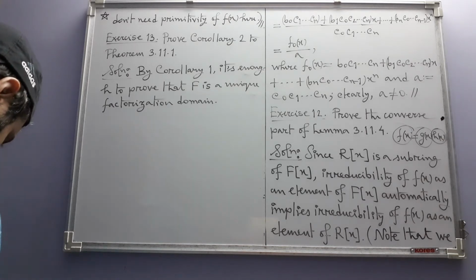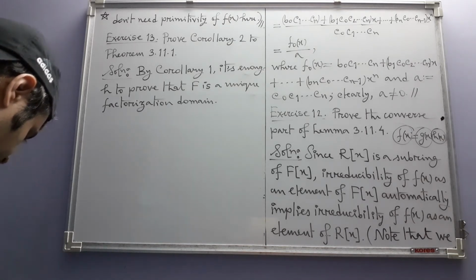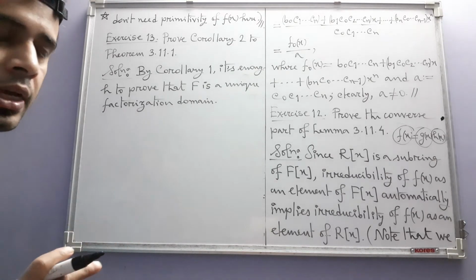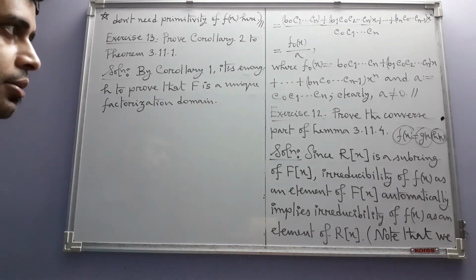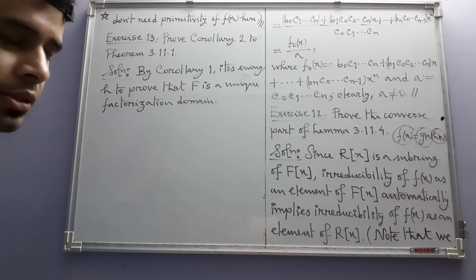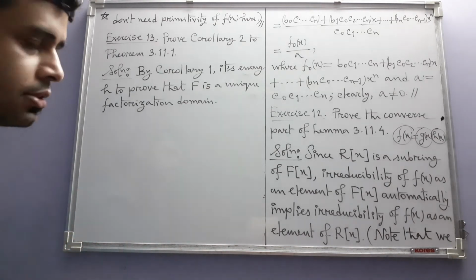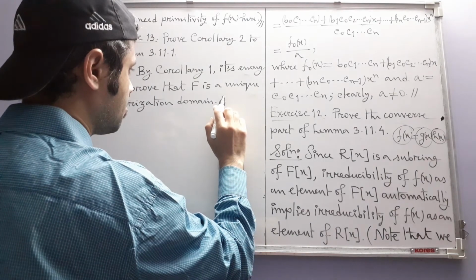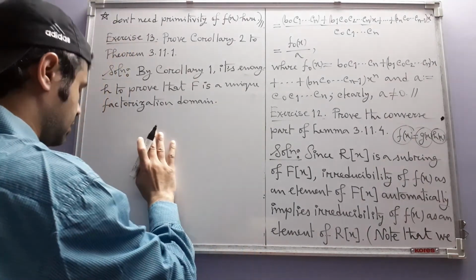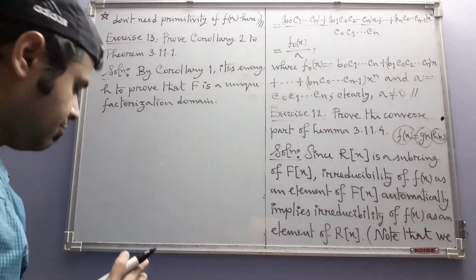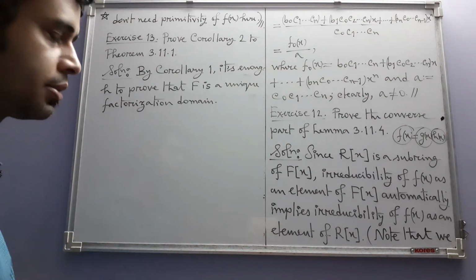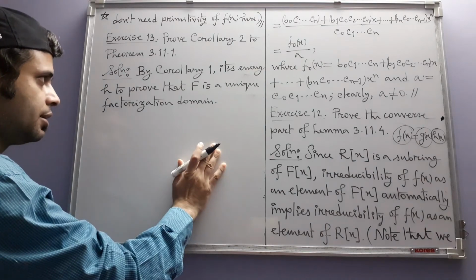This we can do by noticing that F is actually a Euclidean ring, and since every Euclidean ring is a unique factorization domain, F is also a unique factorization domain. Now I can't remember if I have actually demonstrated this fact that every field is a Euclidean ring.